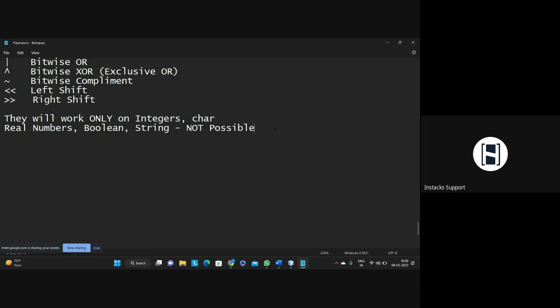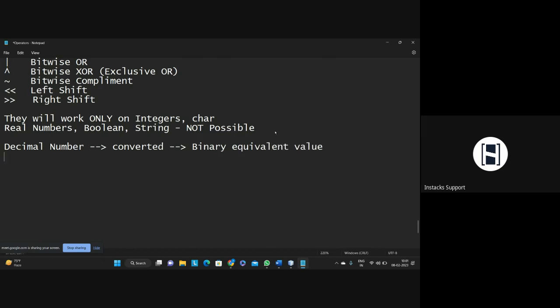Now, the second thing is how the bitwise operator works. Please remember, first, whatever decimal number you give will be converted into its binary equivalent value.